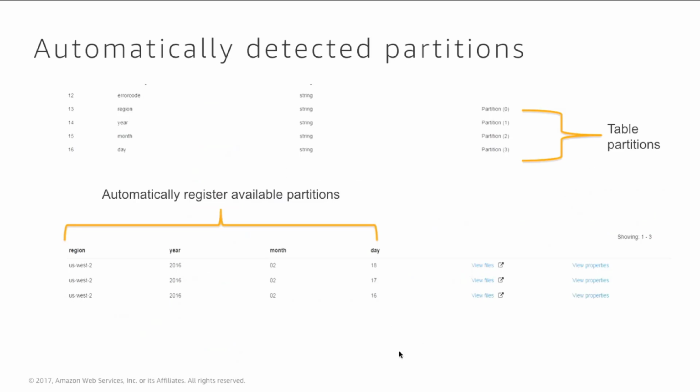The other really nice thing is we talked about these partitions, and these partitions are really useful when we're dividing the data up in S3 to make it easily accessible from a query engine, but also very efficient. As we have these partitions, when we select a set of data, we're able to go into the particular partition and only extract the data relevant to that partition instead of trying to scan the entire data set.